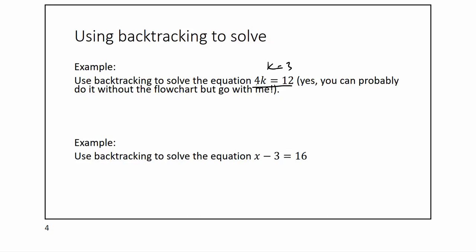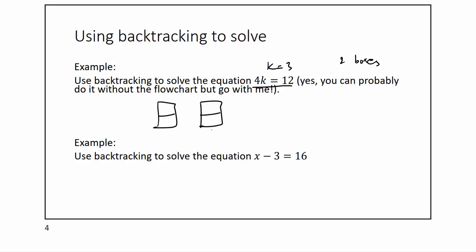Now, to draw up the boxes, we look at how many operations we've got, and this is just 4 times k. So this is one operation. What we do is draw 2 boxes, and this is the way we draw a box. We draw them like this, so there are 2 boxes, each separated into a top and a bottom.